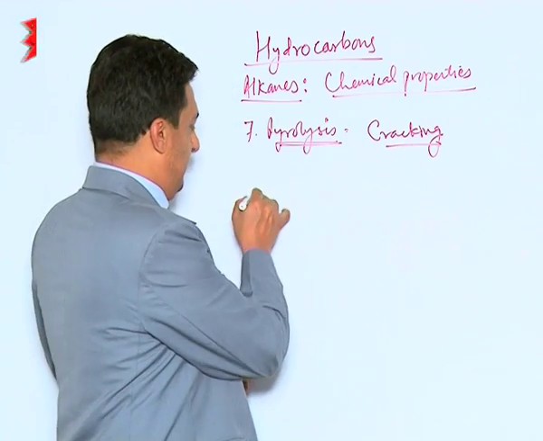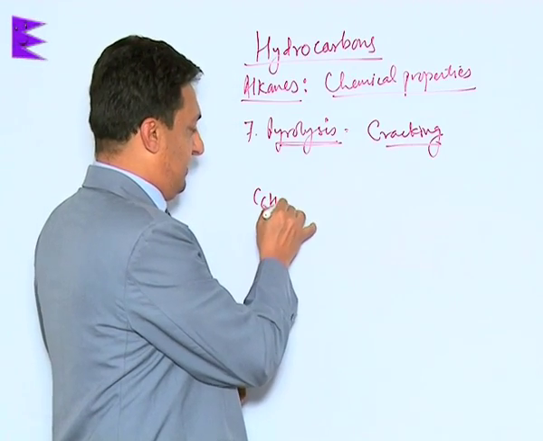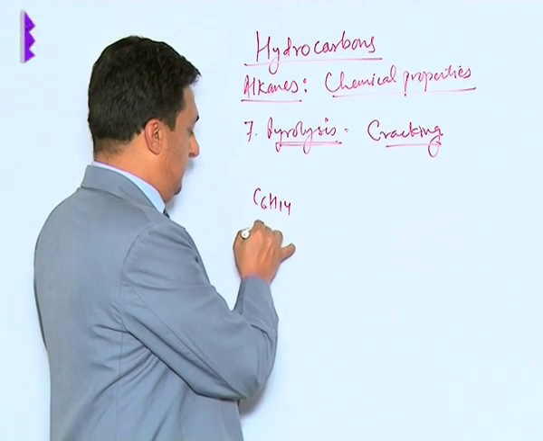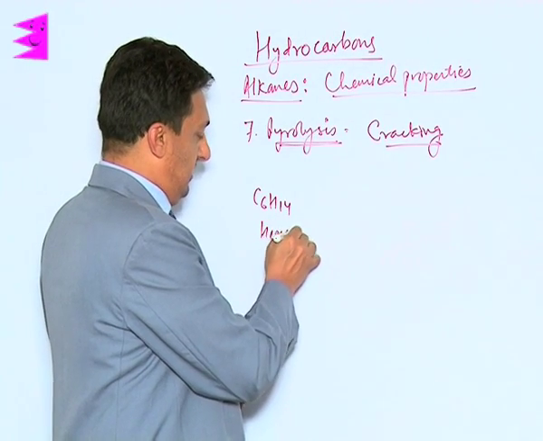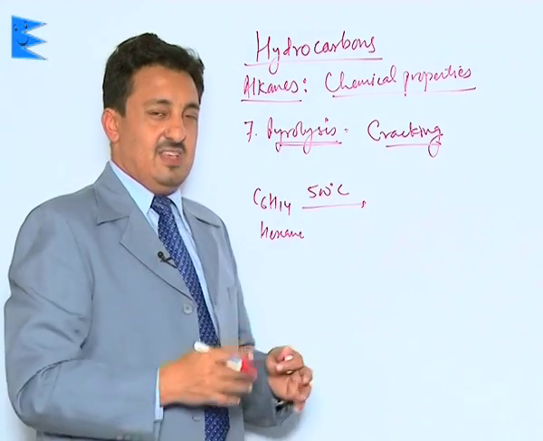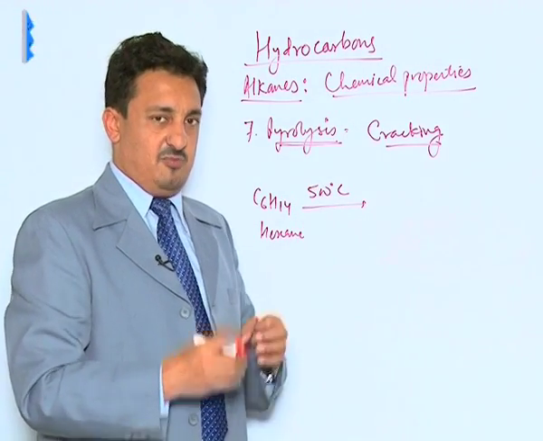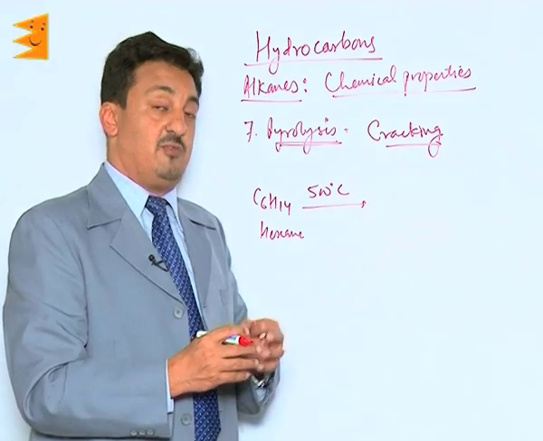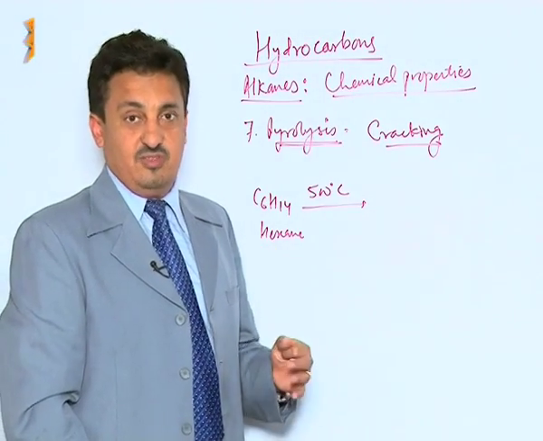Let me give you an example. Suppose we have C6H14, which is hexane. Now this hexane on heating at 500 degrees Celsius gives us all possible different products, because this results in the breaking down of not only the C-H bonds but also the C-C bonds.